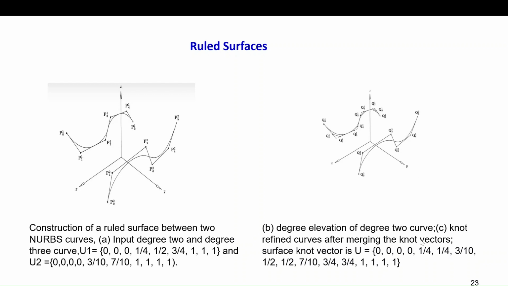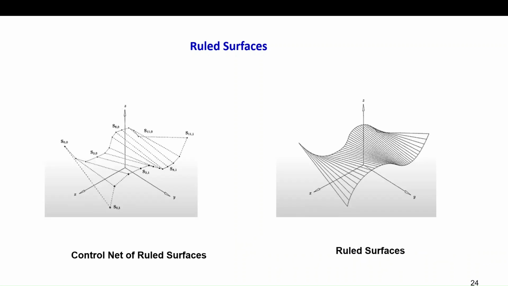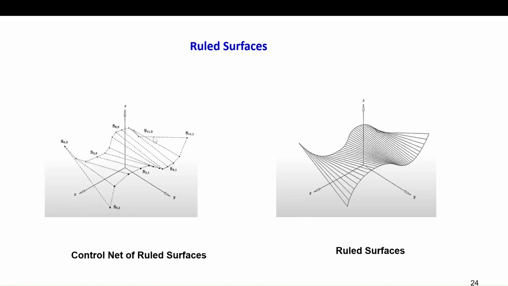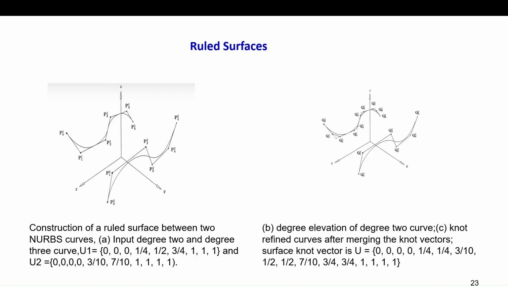And we form the final knot vector u by the union of both the curve knot vectors. After this merging has happened, a ruled surface can be obtained. This is the control net of the ruled surface, and this is a ruled surface formed by sweeping the 2-degree curve through the 3-degree curve.